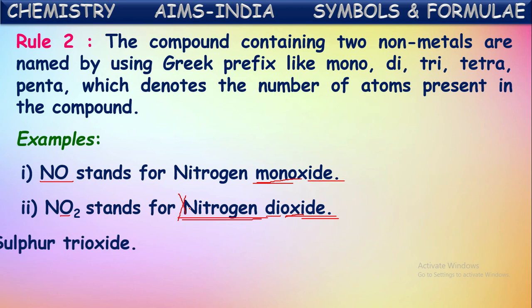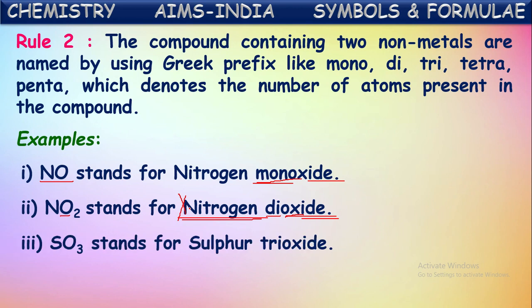Let us see one more example. The compound formed between sulfur and oxygen. There is only one sulfur atom, so it is mentioned simply as sulfur. As it is the first non-metal in the compound, we need not mention mono. We should not say monosulfur, because it is the first element with a single atom. So we can directly say sulfur.